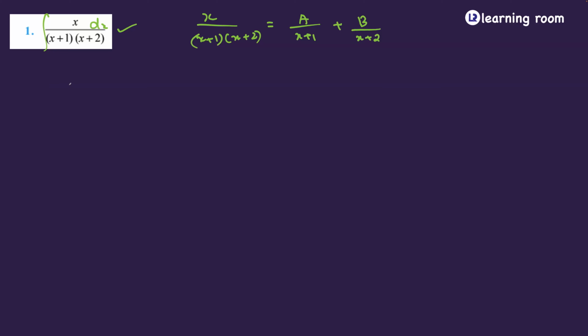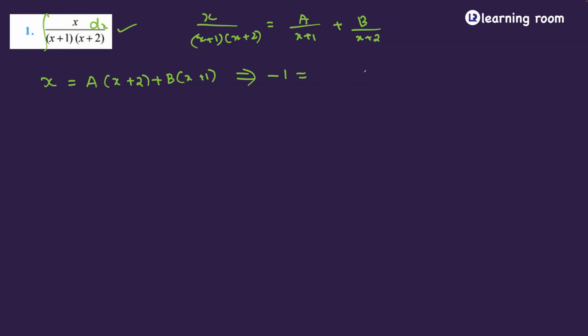So x will be equal to a into x plus 2 plus b into x plus 1. If you want to find the value of a, what should you substitute the value of x as? You need to substitute minus 1.